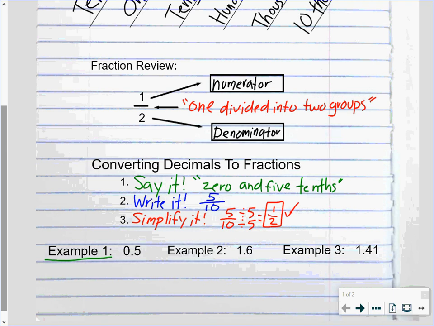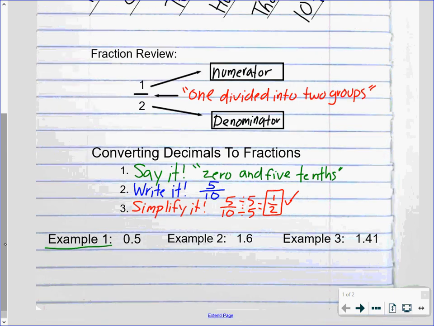Take a second to do example 2 and 3 on your own, and then push play when you're ready to check your answers. Example 2 has 1 and 6/10. When we go to simplify it, we're going to leave that 1 there, and the 6 can be divided by 2, and the 10 can be divided by 2.